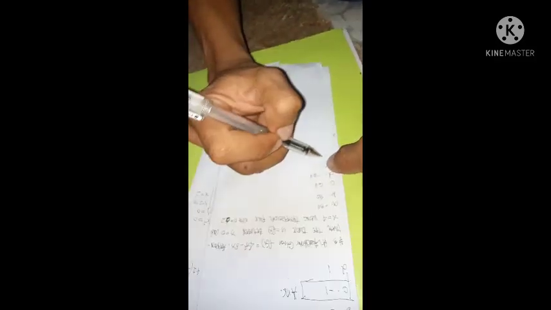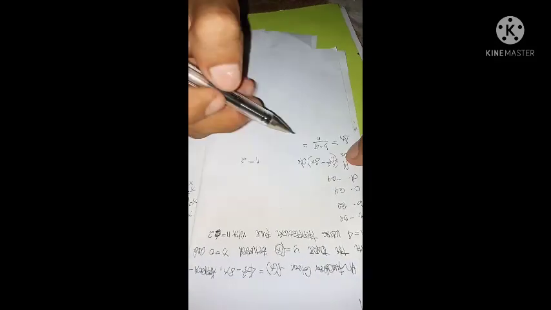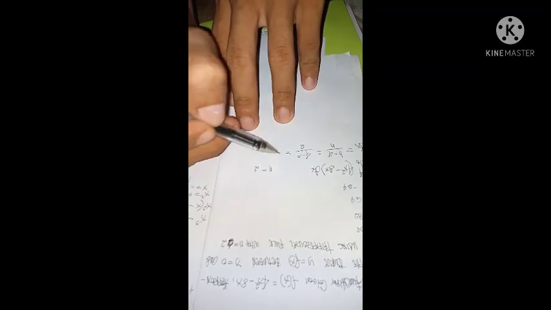So given here is the integral from 0 to 4 of 4x squared minus 8x dx, then n is equal to 2. So the delta of x is equal to b minus a all over n, which is equal to 4 minus 0 divided by 2, which is equal to 2.